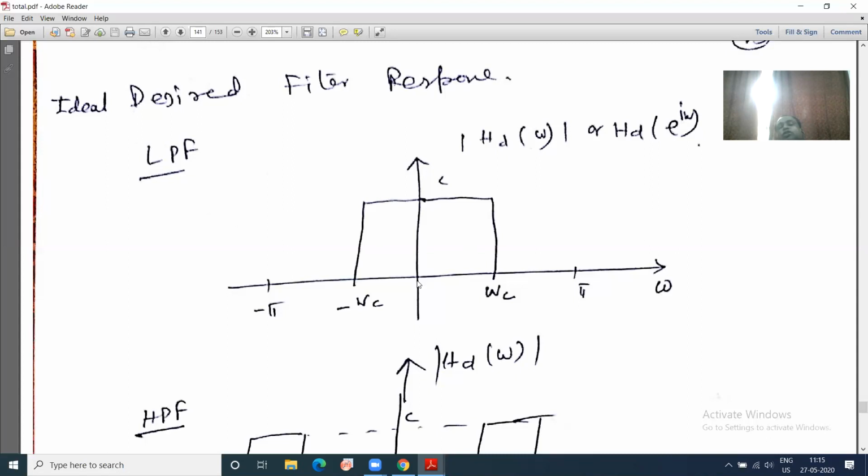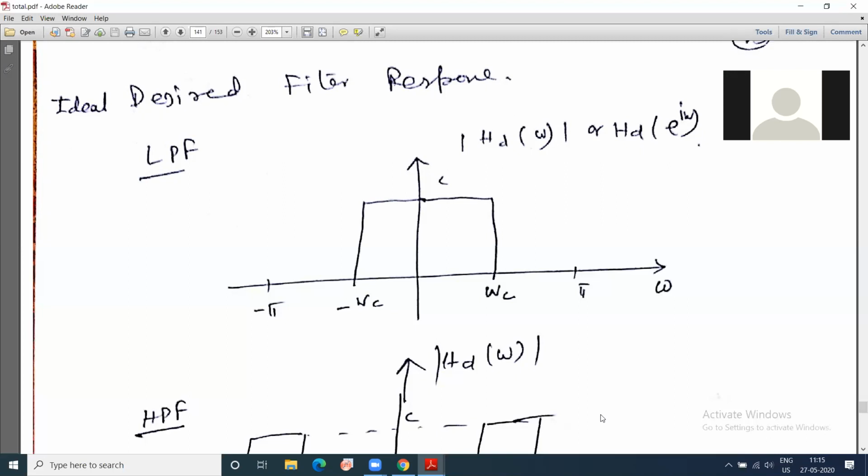So I will draw only the positive side, I don't draw the negative side. Positive side means I have to find the filter response from 0 to pi.